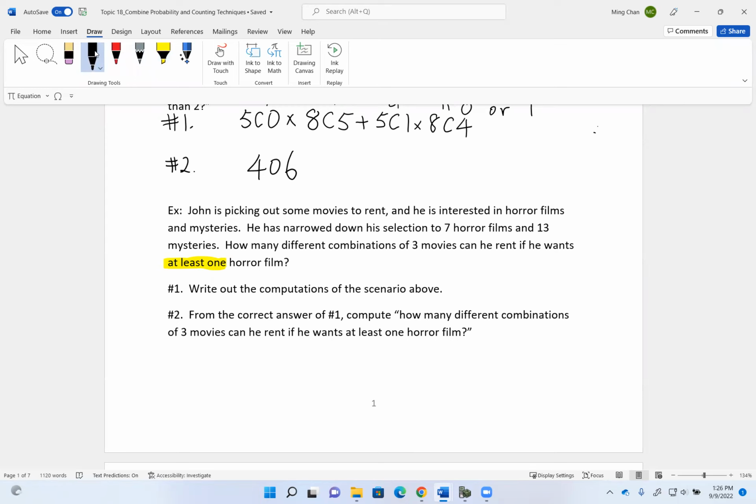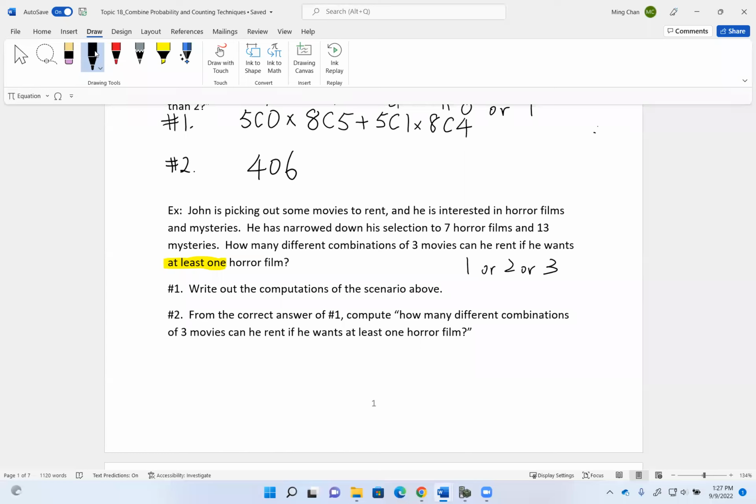At least 1 means 1 or 2 or 3, because you're only selecting a combination of 3 movies. If you're just selecting horror films, we can have 0.